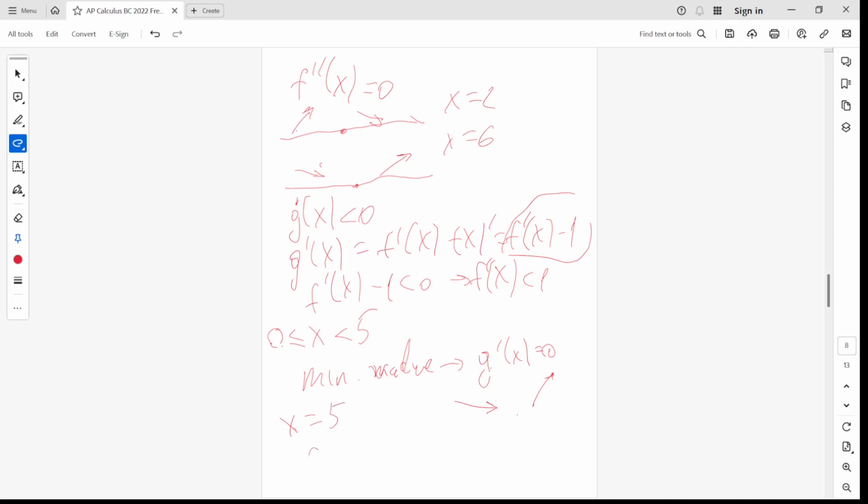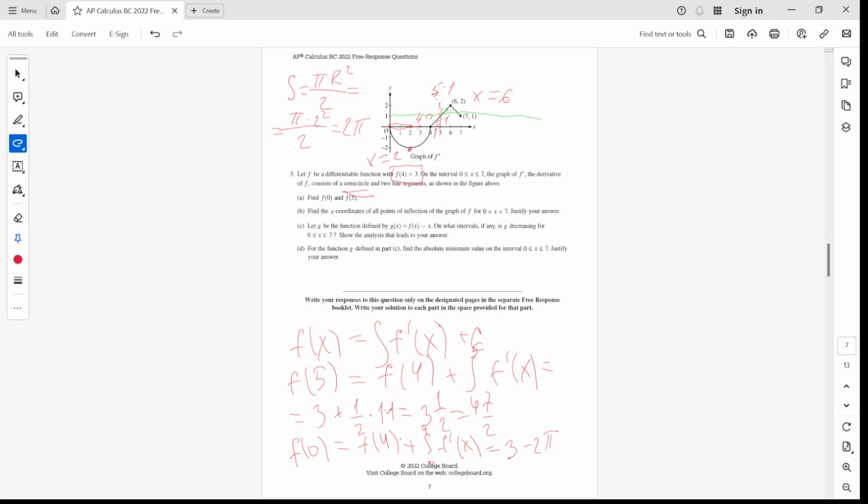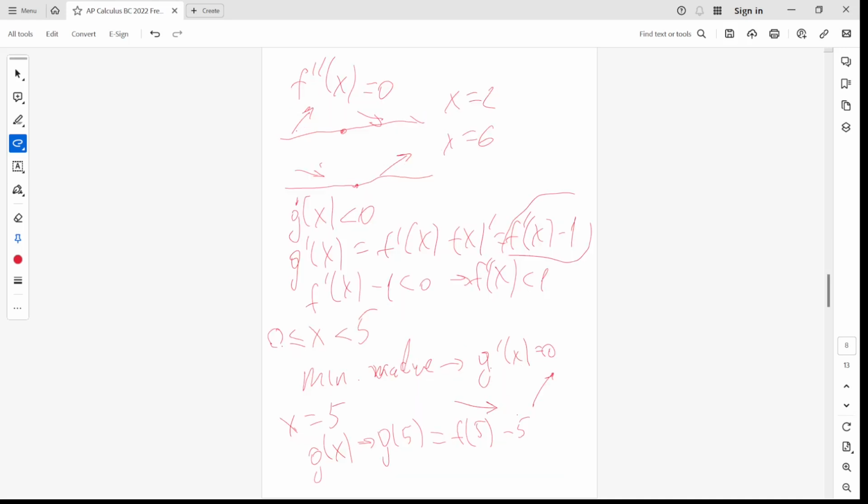So we just need to find g of 5, which is equal to f of 5 minus 5, and we know f of 5 from the first part. It's equal to 7 divided by 2. So what we would have is 7 divided by 2 minus 5. It's minus 3 divided by 2.